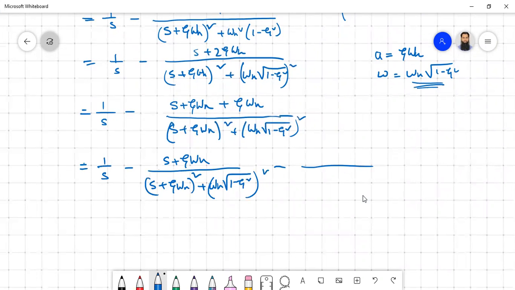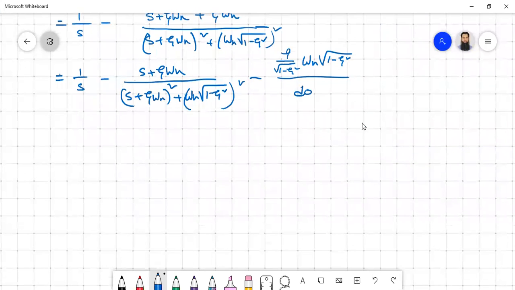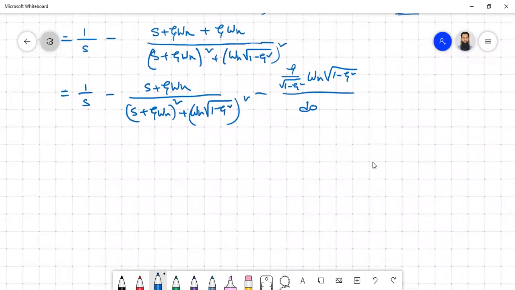So we bring it, we rearrange what is additionally added, and we have to subtract that. So zeta is already there, and we bring this additional factor, divided with that additional factor, 1 minus zeta square, and it will be as it is. That's okay. So now we can apply the formula.